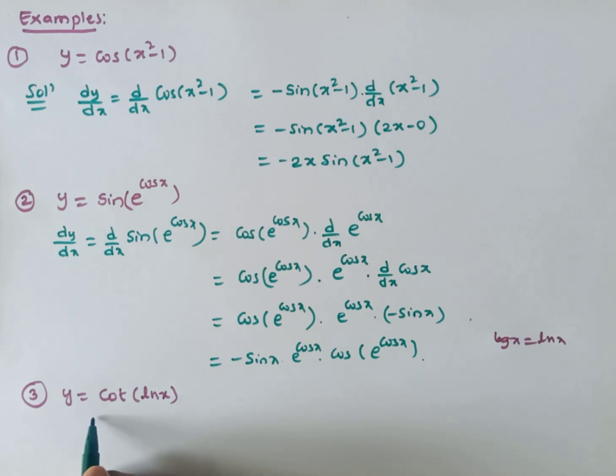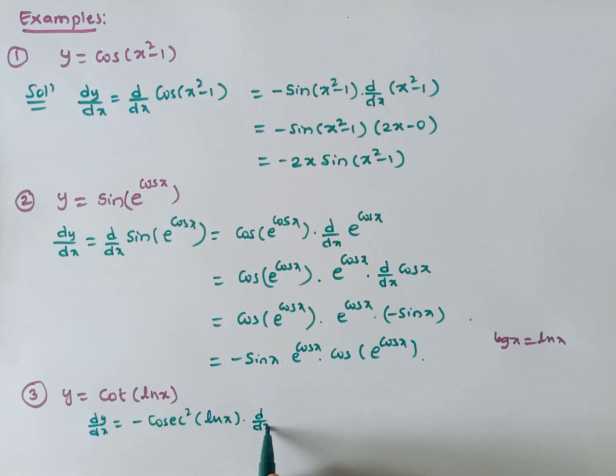Now so apply the derivative for this. d by dx, or dy by dx, is equal to the derivative of the first thing, leave this. What is the derivative of cot? That is minus cosecant square of x. So instead of x, ln x is there, okay, into the derivative of the inner function, ln x or log x, right?